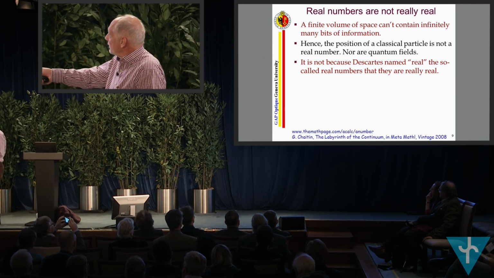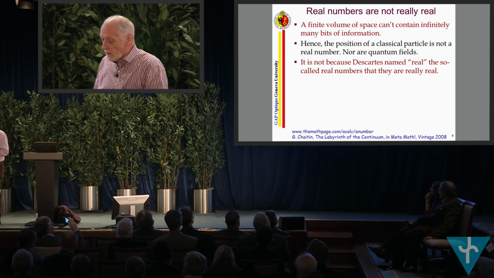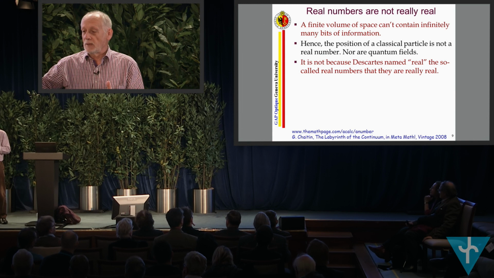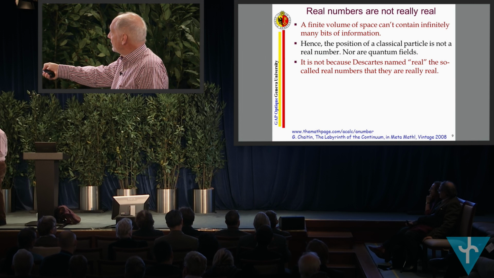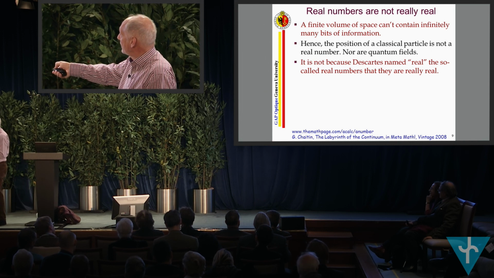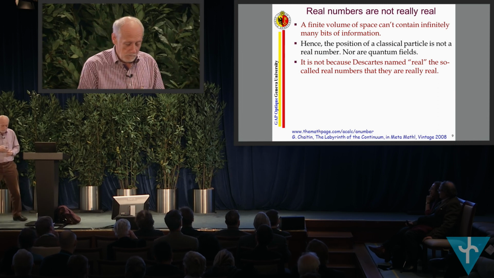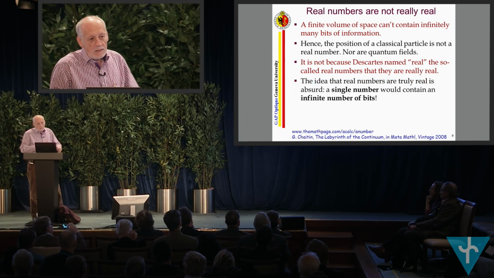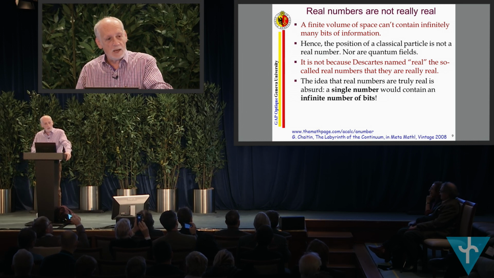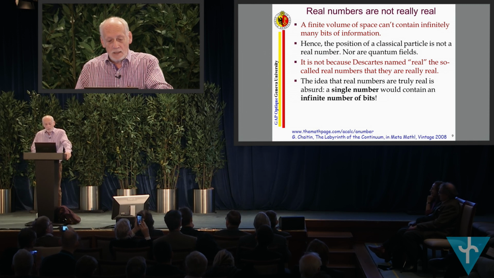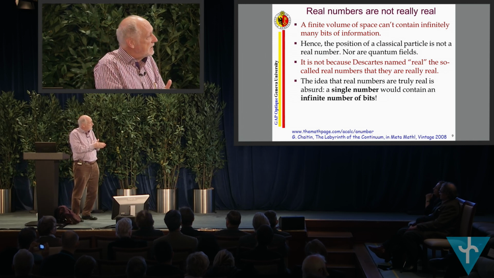Actually, why do we call these numbers real? It's because of Descartes, who wanted to distinguish them from the imaginary ones, or the complex ones, as we would say today. But it's certainly not because Descartes named them real that they are really real. In my opinion, the idea that real numbers are ontologically real is absurd, because a single number could contain an infinite number of bits.